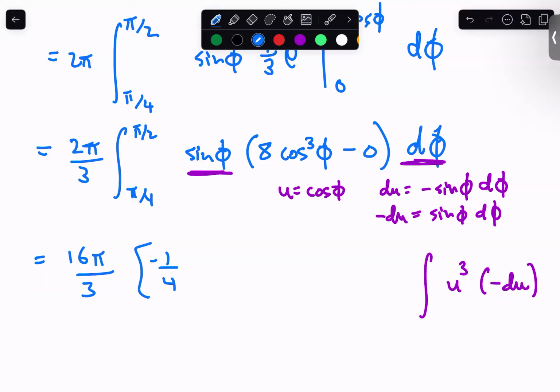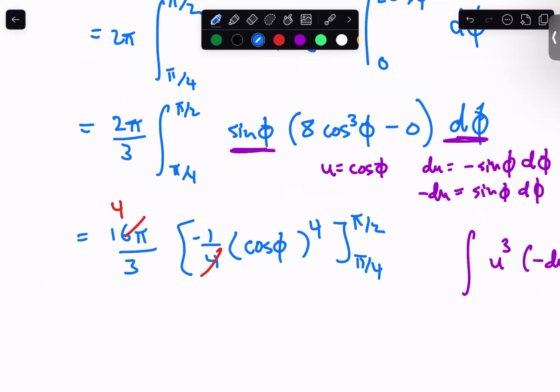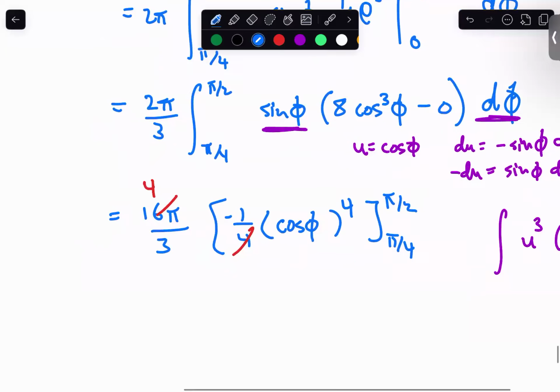So negative 1/4 u to the fourth. U again was cosine. And we should plug in some bounds. I'm a little bit worried that we have a negative sign here. I hope that somehow goes away because again, we are calculating volume. We should have a positive answer.